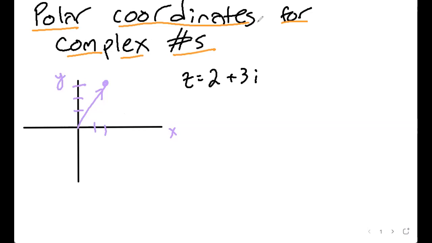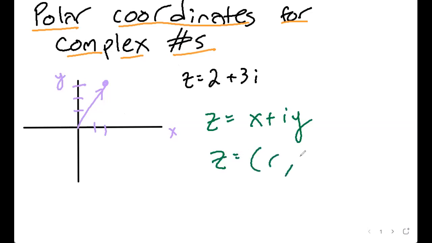as the title of the slide says, we can also think about polar coordinates for complex numbers. Instead of writing z equal to x plus iy, we can think of z as a pair r and theta, where r is exactly r from polar coordinates, the distance you are from the origin, and theta is exactly what you would think of in polar coordinates.